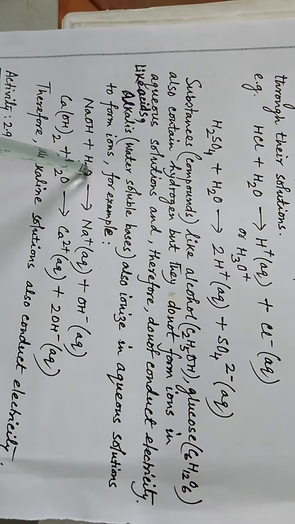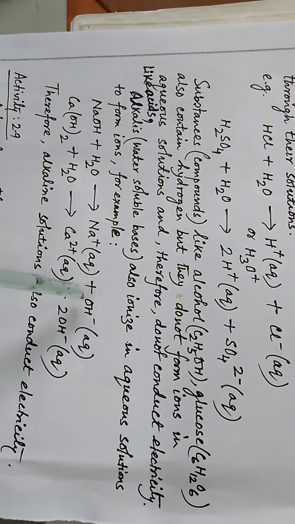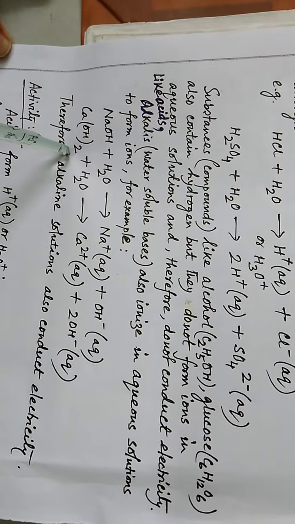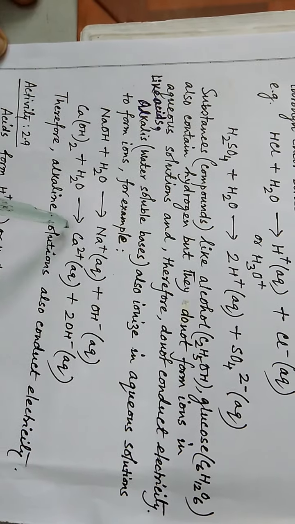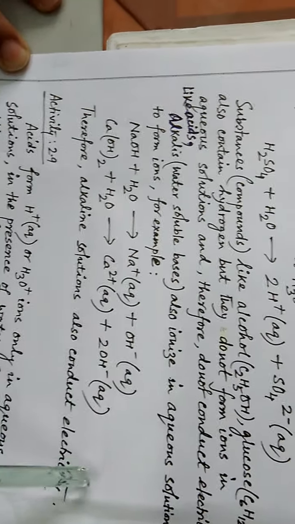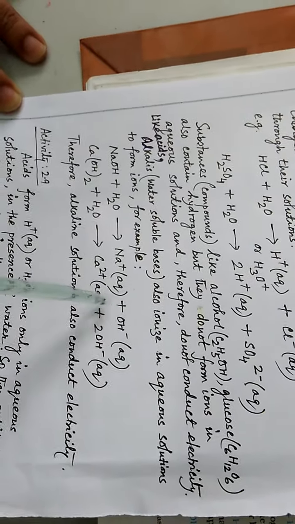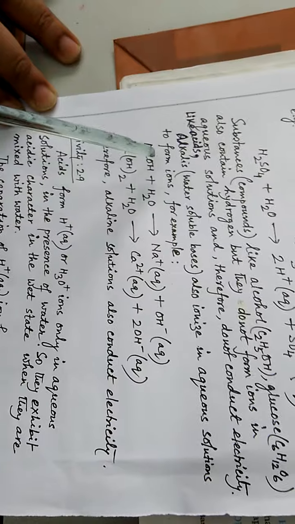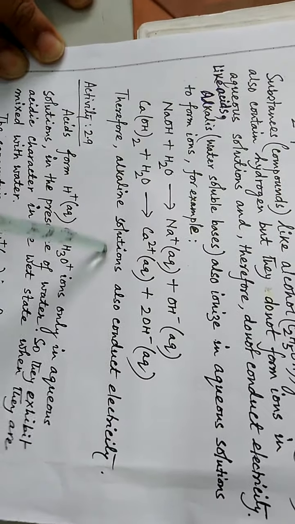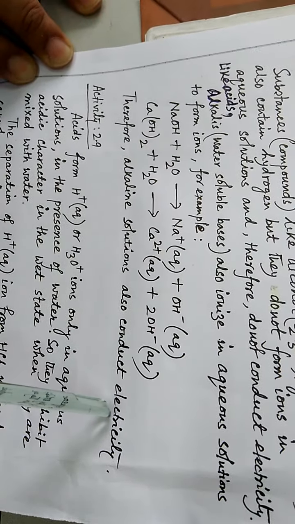In case of sodium hydroxide, you will find sodium ion and hydroxide ion. In case of calcium hydroxide dissolved in water, you will find calcium ion and hydroxide ions. These ions help conduct electric current through the solutions of alkalis. Therefore, alkaline solutions also conduct electricity.